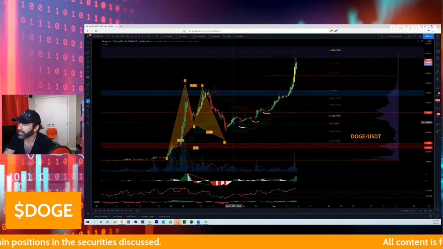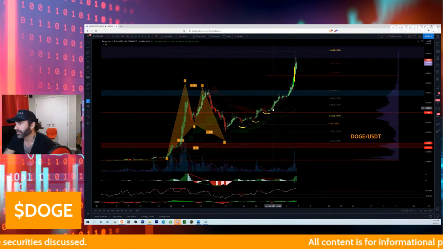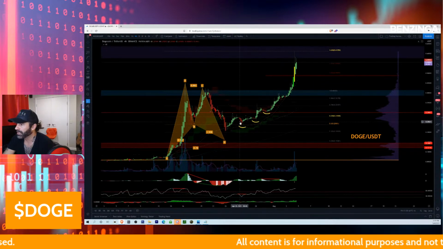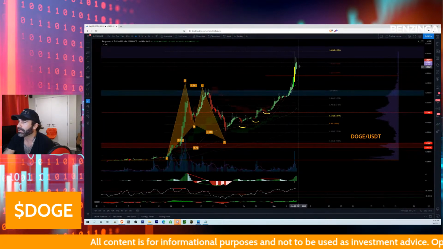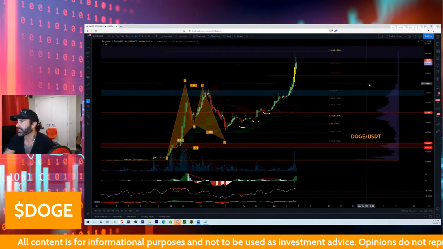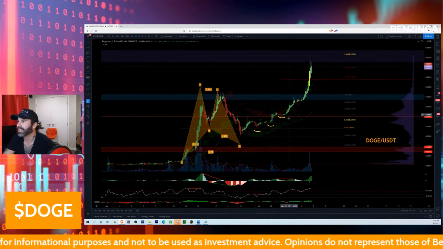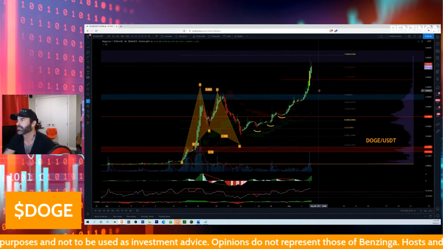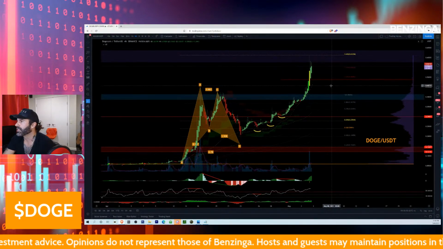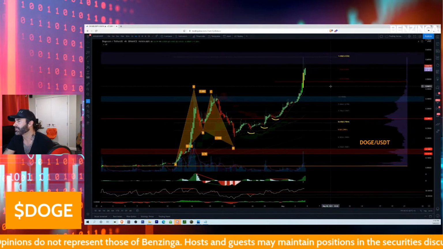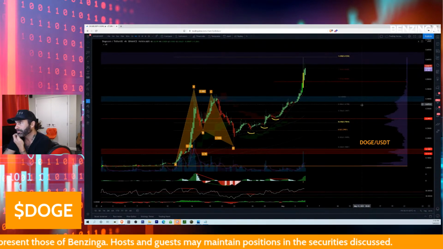You get accumulation, acceleration, which started happening here after these three valleys on the way up, and it just goes ballistic. When the demand's higher than the supply, that's when you start getting the price markup. And like a glove, we ended up hitting the 1.618 at 61 cents this morning.